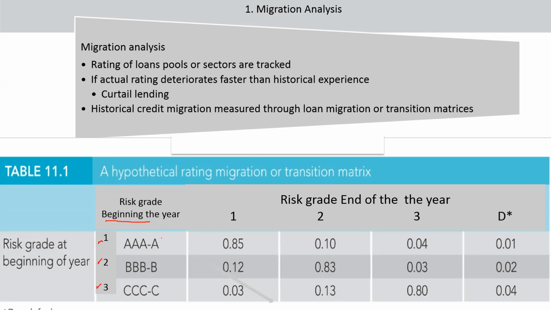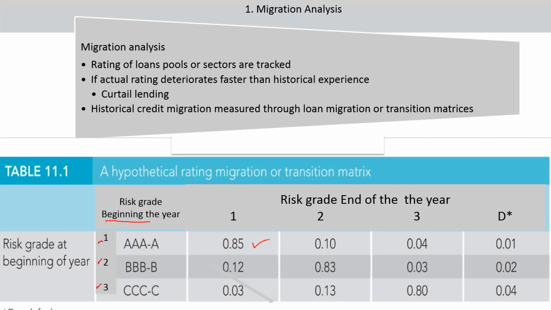This is the beginning of the year, where 100% of asset 1 was AAA. But during the year, at the end of the year, there will be some type of migration among the ratings.